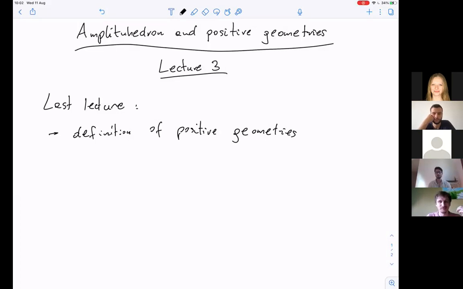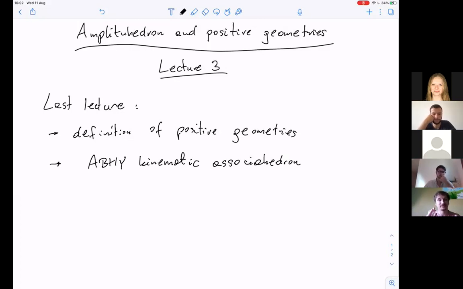And I discussed polytopes. A very particular case: if you take the ABHY kinematic associahedron, that's a particular embedding of an associahedron. So it's a polytope with the boundary structure of an associahedron.